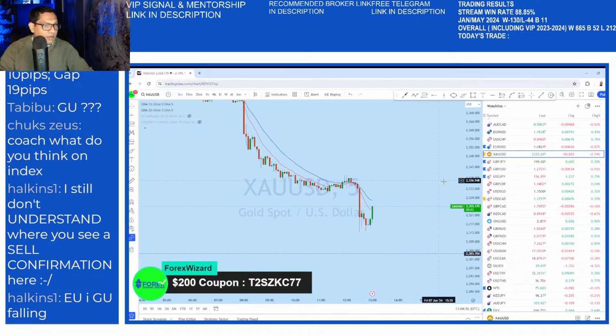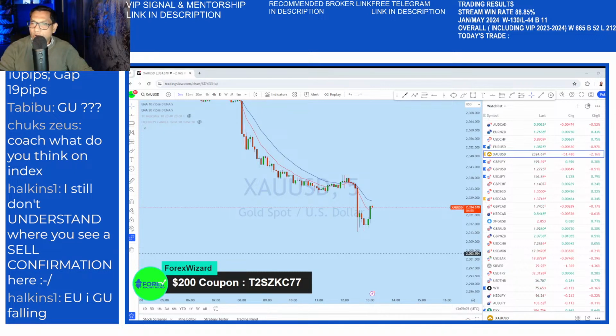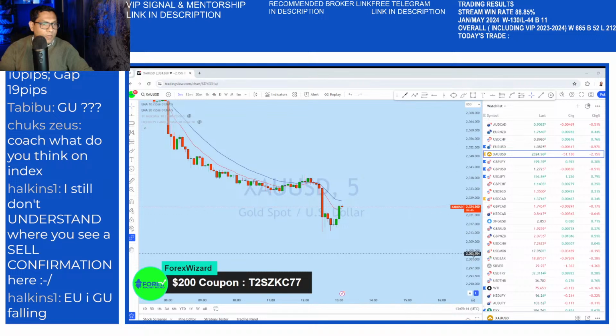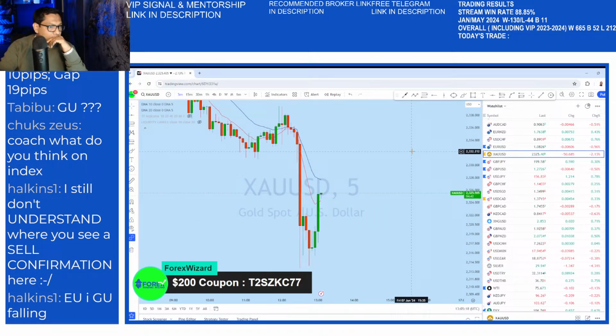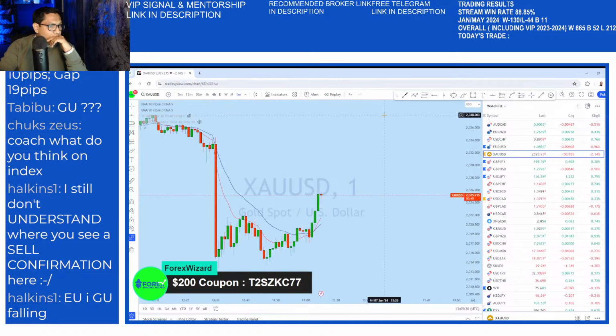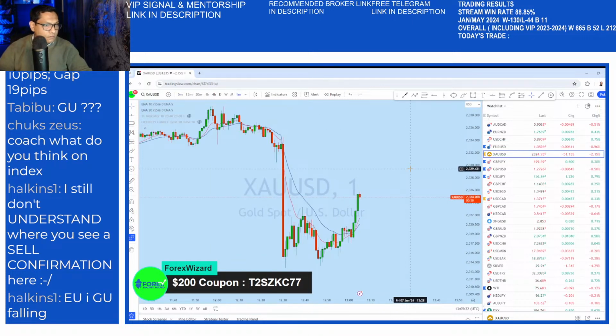So it might even be the other way around. So sell stop did not trigger, so we closed it. We'll be re-entering again once we find another entry. From here there is a breakout.